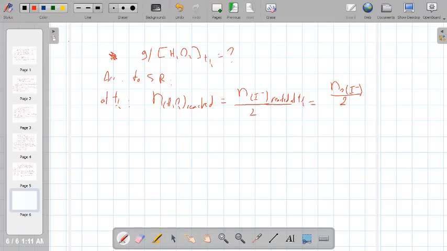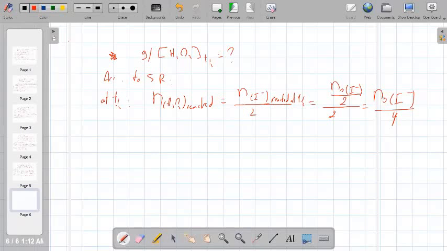By definition, T-half is the time needed for the disappearance of half of the initial quantity of the limiting reactant. This is the quantity reacted at T-half. Over 2, that means n0 I minus over 4. Okay? So n H2O2 reacted by stoichiometry equals n I minus reacted over 2. n I minus reacted at the half equals n0 over 2.